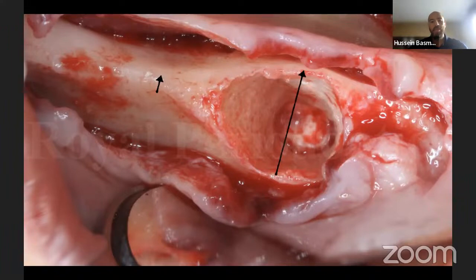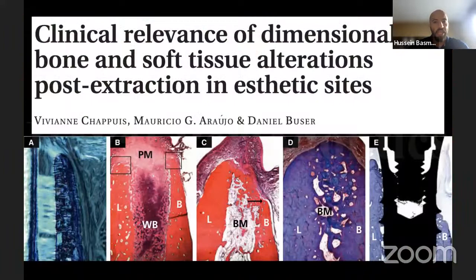Why is that? Because we have a lot of studies that completely describe what's happening after we take the tooth out. We all understand, especially in the aesthetic area, that if we take a tooth out, the majority of the blood supply for that bone, the buccal bone especially, is mainly coming from the periodontal ligament, and also from the periosteum.